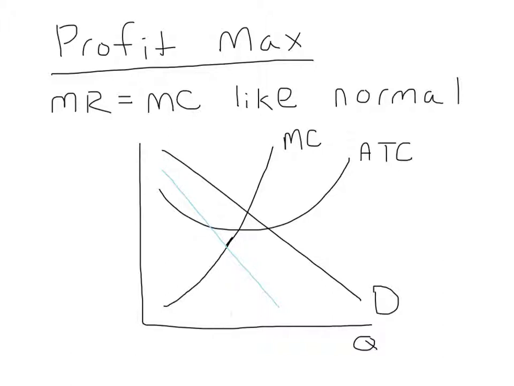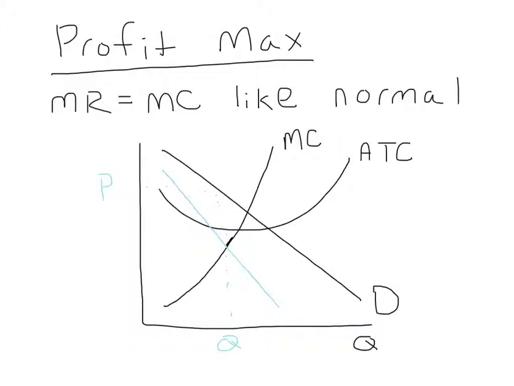So the profit maximizing quantity will be the intersection of MC and MR. So this will be their Q that they want to pick, and then they'll charge the highest price they can get from the consumers. So we go up to the demand curve at that point, Q, and we can find the associated price. So the P and Q in blue label the price that this firm's going to charge and the quantity that they're going to produce.